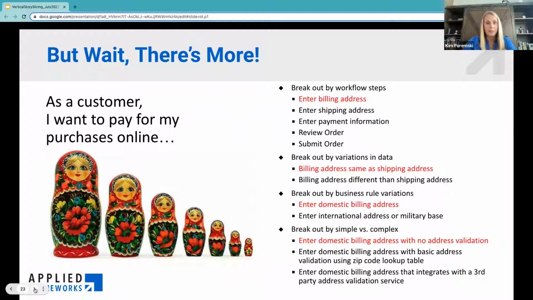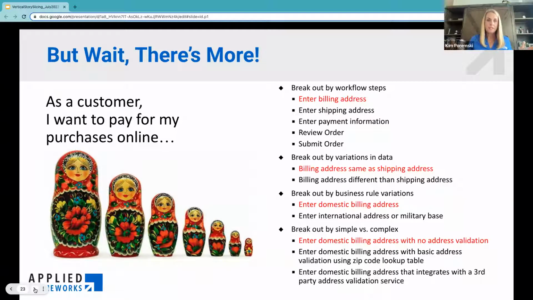So here's an example of that workflow step I talked about, where I'm going to buy something on Amazon. I'm entering all my billing, shipping, payment, all that. But now we only have so much time in our sprint, so we're only going to focus on building out the billing address functionality.